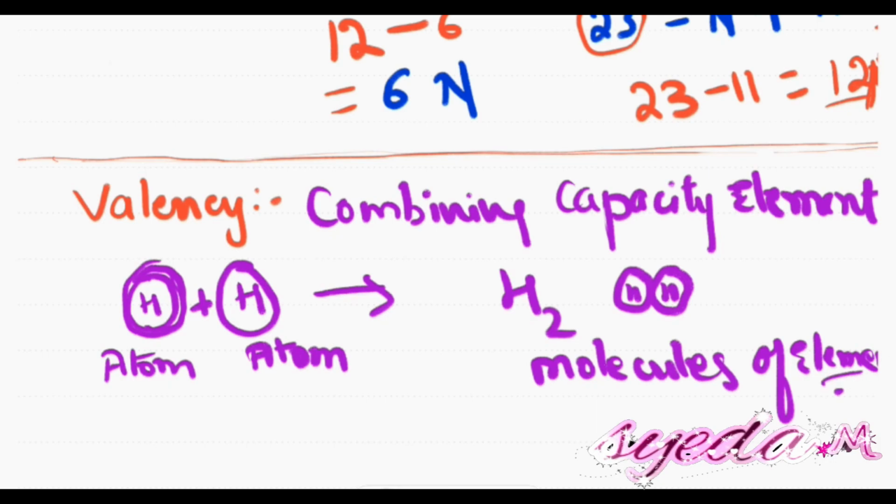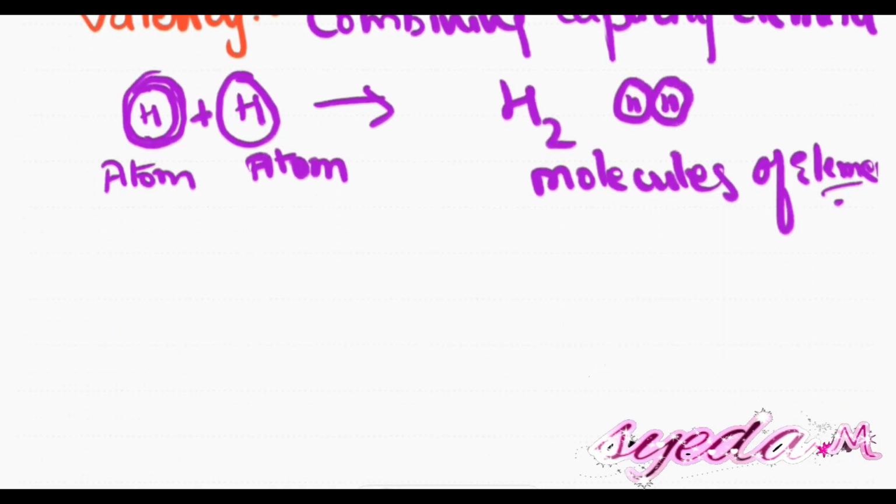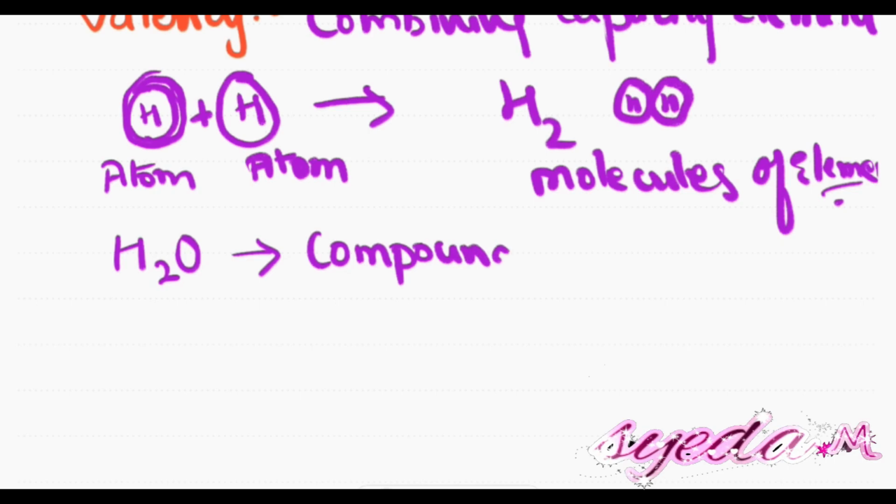Now if you take one more example, if I take water as an example, water is what? H2O. We know how it is formed. How many elements are there in this? This I will give the name compound. Now how is this H2O formed?